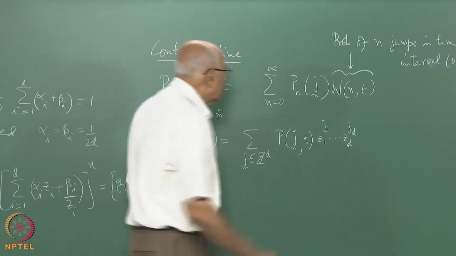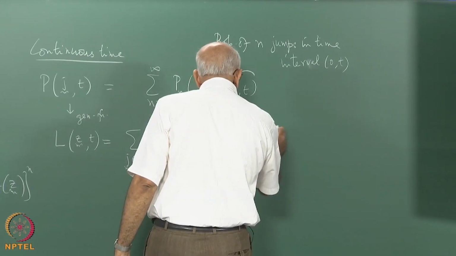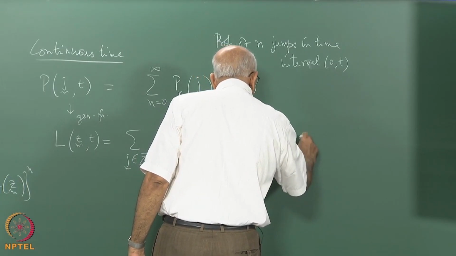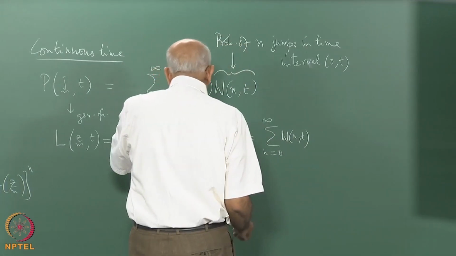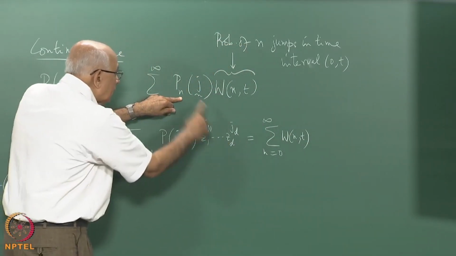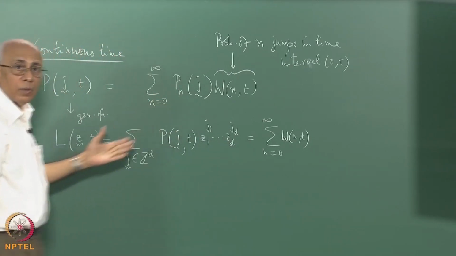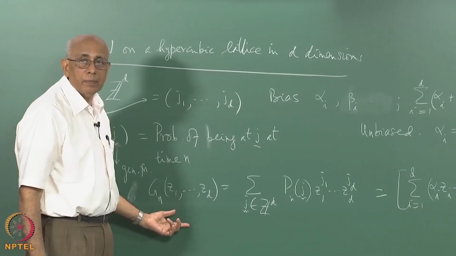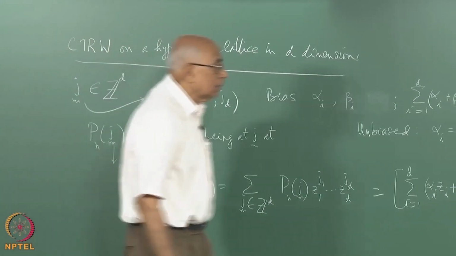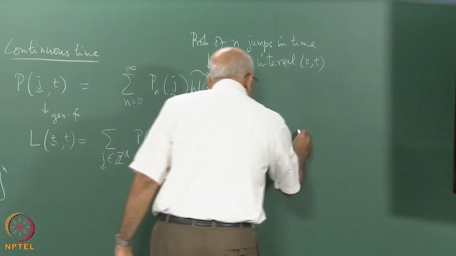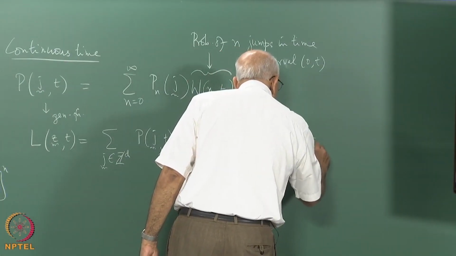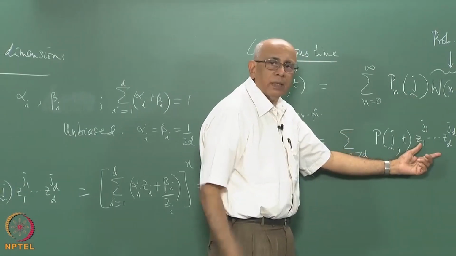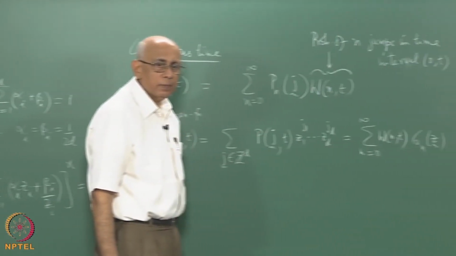And when I do that, this becomes equal to summation n equal to 0 to infinity w of n comma t, and then here I have to multiply this by these factors and sum it, but that factor we already know explicitly. It is this guy g_n of z, because I multiply this by these things and sum over all the j's, and that gives me this.